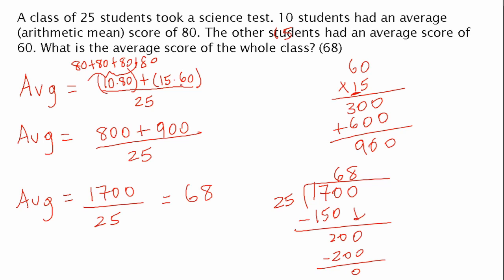Instead of adding 60 together 15 times, you're just doing the multiplication and leaving it at that. Okay? You may see a weighted average problem on the ASVAB. I think I did, so just be prepared. Use the same formula. Instead of doing addition in the numerator, you have to do multiplication.